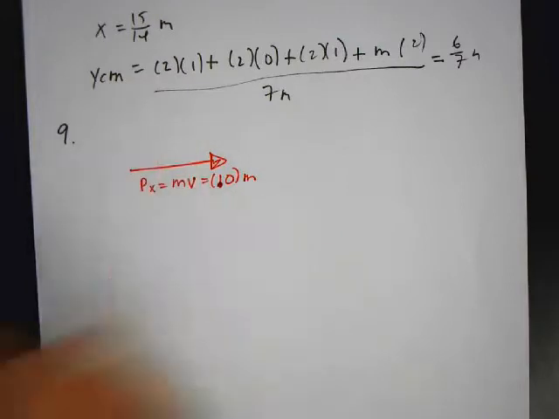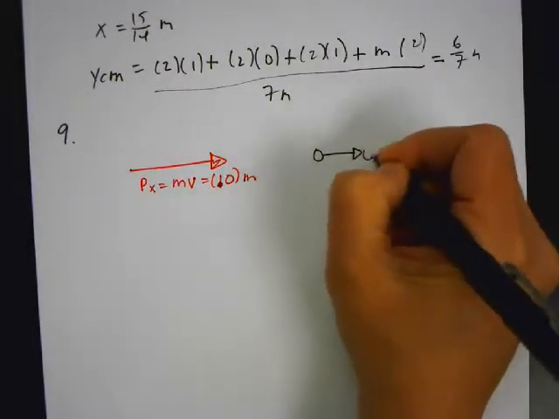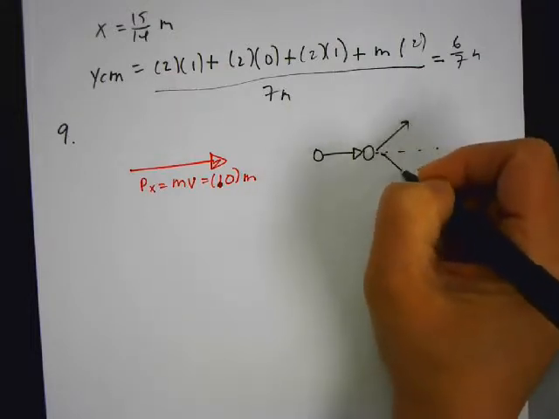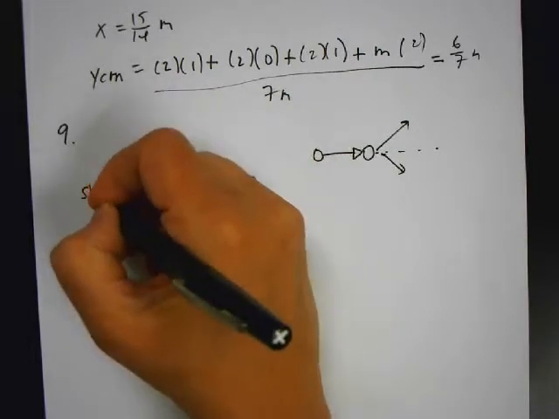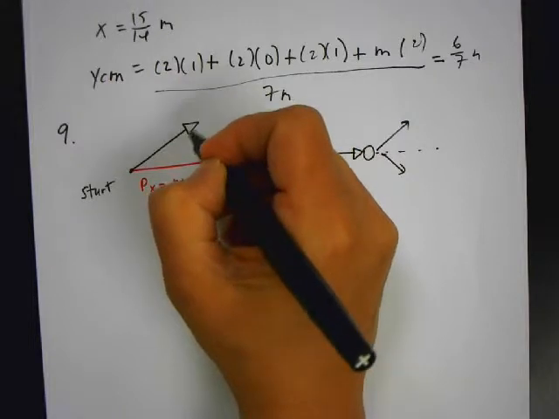So basically you have this one going along and it hits the other one. After the collision, they're going to end up like this. So this is where I start. This is after the collision.